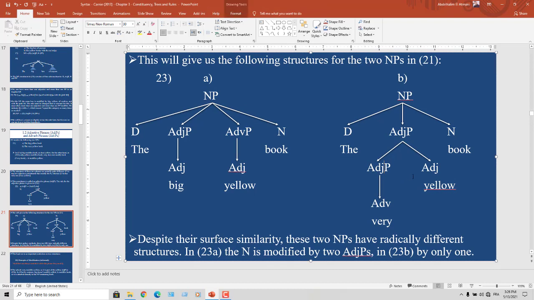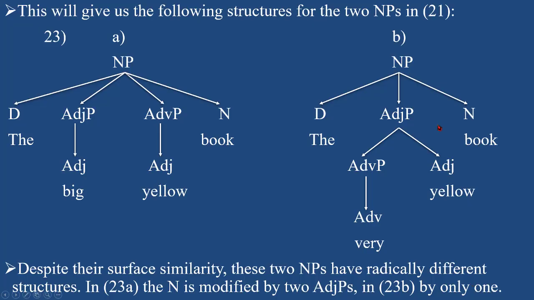Sorry, I have to correct that. So here it's an adjective phrase, which consists of the adverb "very" and the adjective "yellow", and then "book".